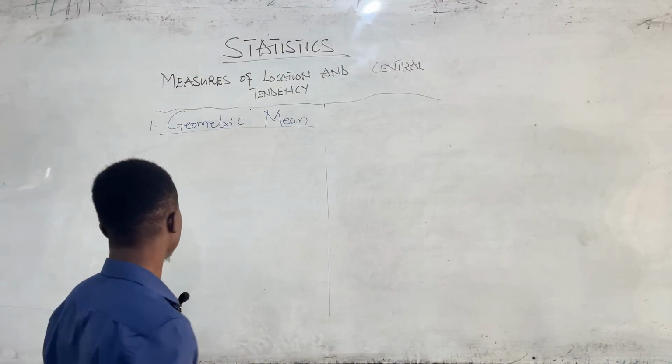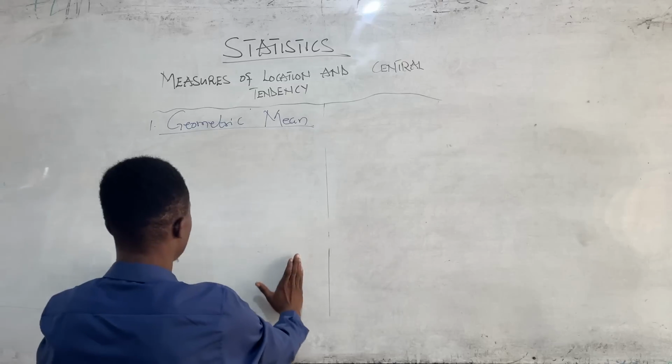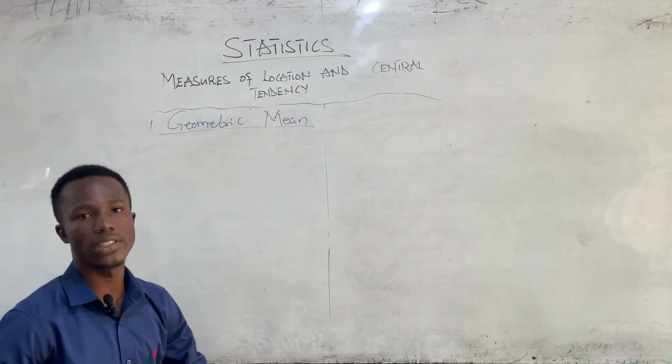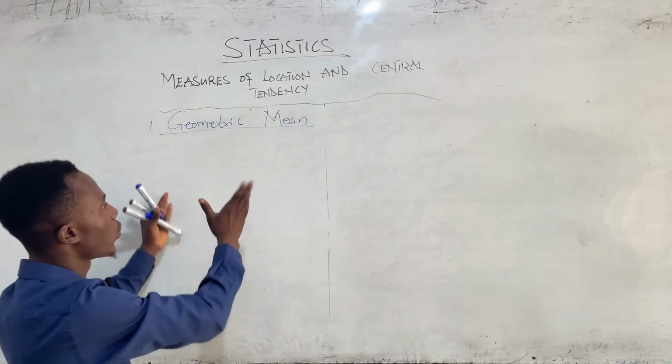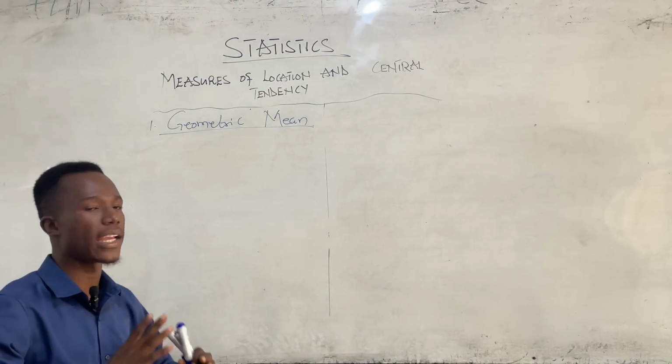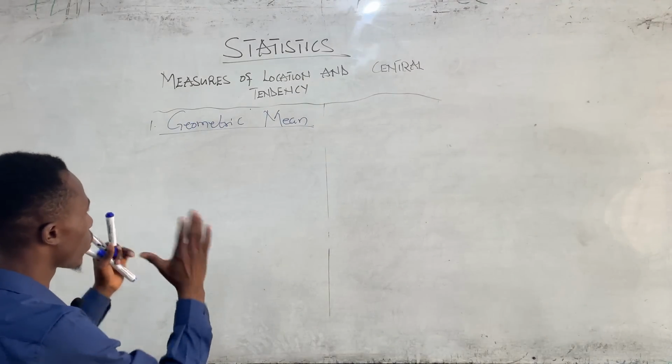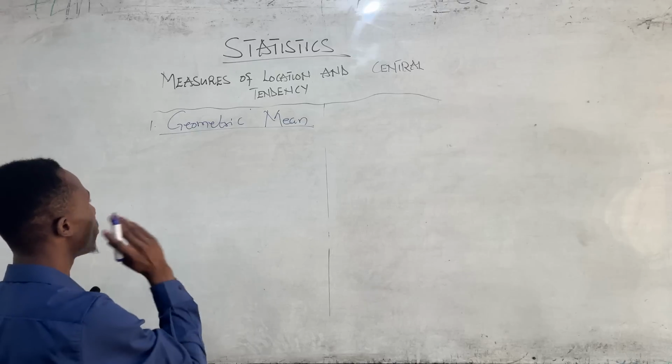For the geometric mean, raw data will be given. So anytime raw data is given, we have a formula for calculating the geometric mean. This one deals with a formula, and you have to keep the formula in mind. Do you get it? This is not about procedures or methods. So just keep the formula in mind.